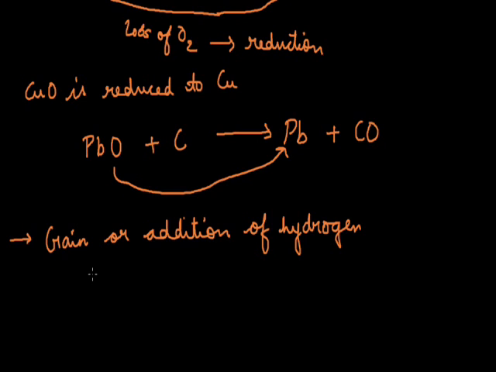For example, H2S, when treated with chlorine, will form HCl and sulfur. Now here we can say there is reduction of chlorine. So here chlorine is reduced and it forms HCl.